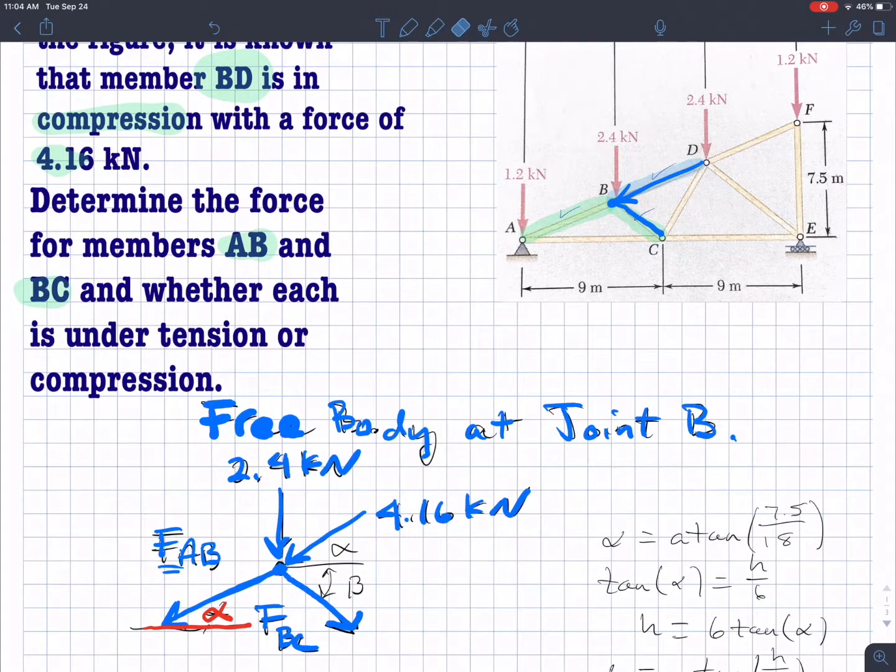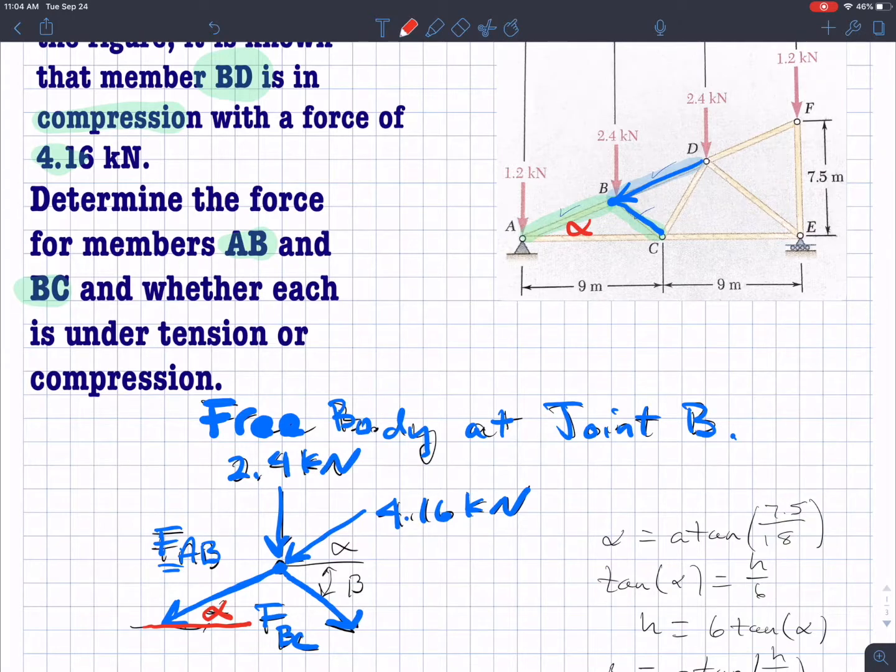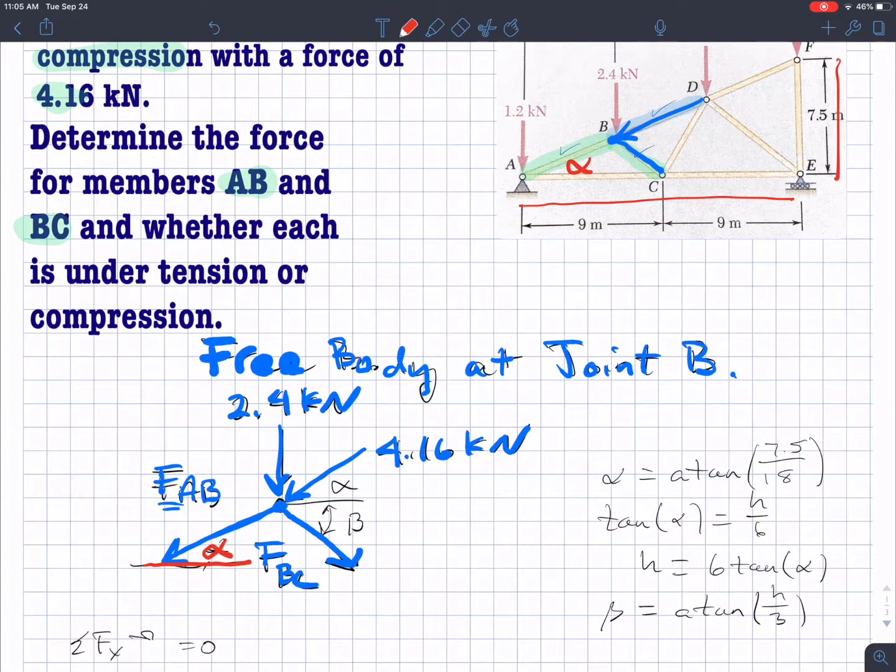And what I'm thinking here is, oh, I like it because I know the adjacent and I know the opposite, and I know both those values, so I can get that alpha is equal to the arctan of 7.5 over 18.